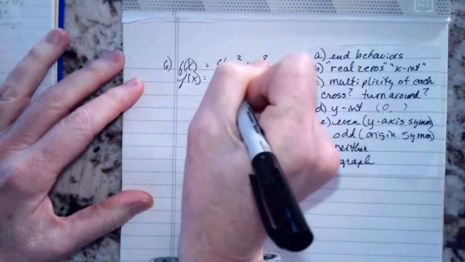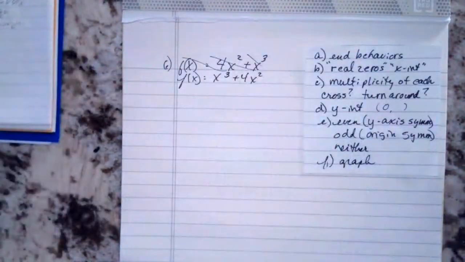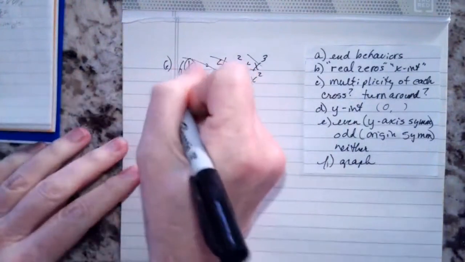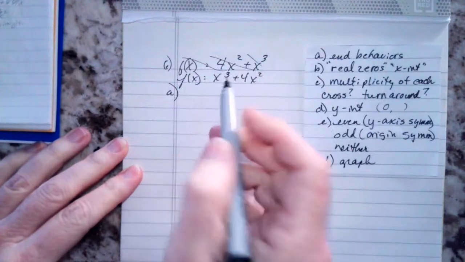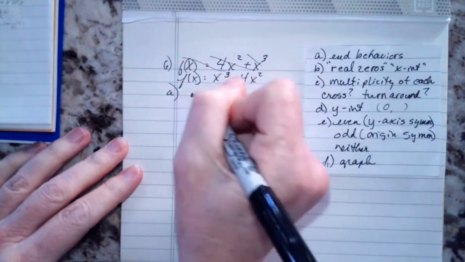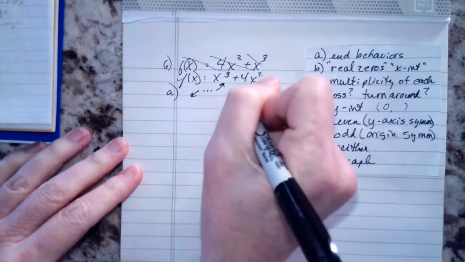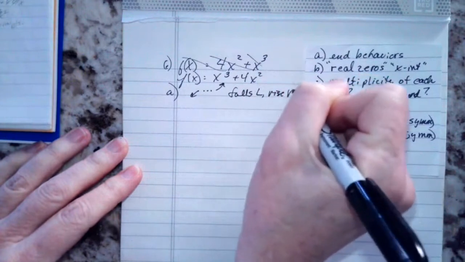Big guy goes first: x to the third plus 4x squared. I'm going to cross that out so I don't get confused. I need end behaviors first. The end behavior is just x to the third. This is a snake in the grass, so it's going to fall to the left, do something, and rise to the right. Falls to the left, rises to the right.